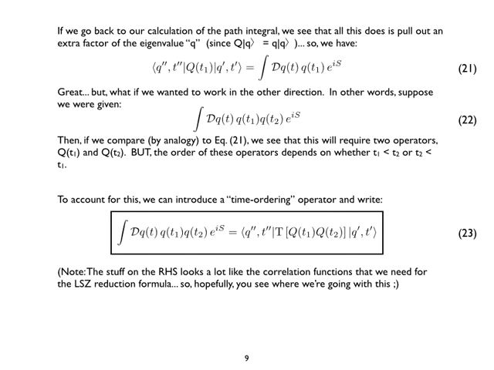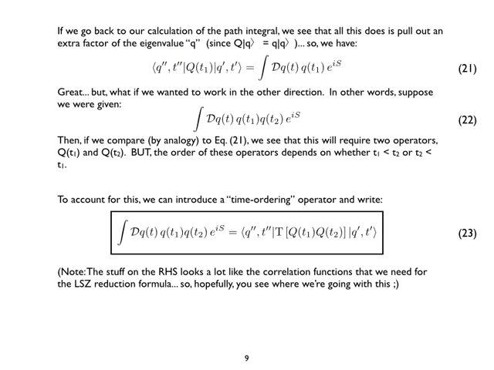Okay. So this is where you can start to see why this is useful, right? This starts to look like what we saw in the LSZ formula, if you think of these Q's in terms of the phi's. This is like these correlation functions, right? So if I can think of a way to compute this mess, then I have a way to compute what these correlation functions are.